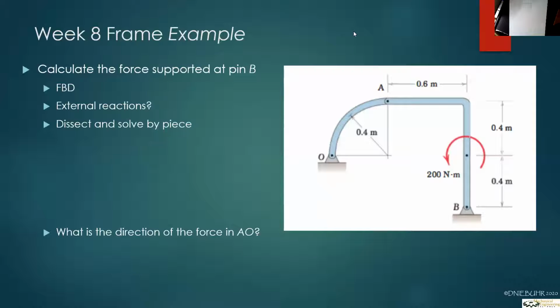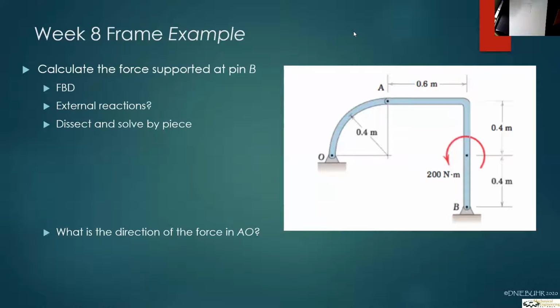Now, because B is a pin, we know it's going to be either a BX or BY, and that's it. So we want to look at the structure and say, what is unique about the structure and what can we eliminate? Typically with frames, if you can find the external reactions, you will, and then from there, you'll generally take them apart.